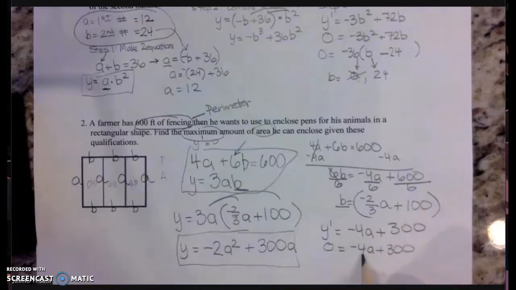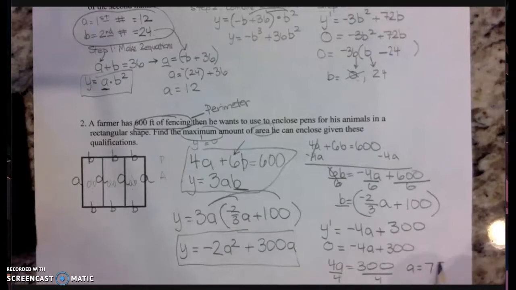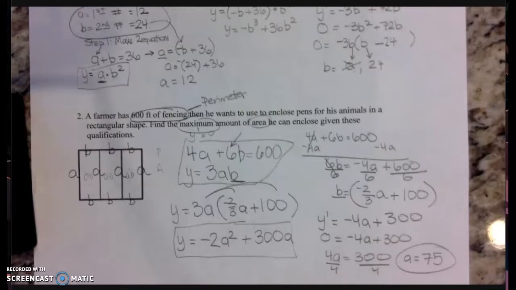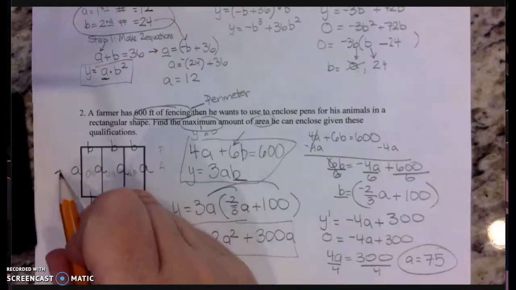And I could factor out a -4, or I could move the 4A here. It's going to be the same process. I'm taking that 300 divided by the 4. And that will give me 75. Okay, so A is 75.